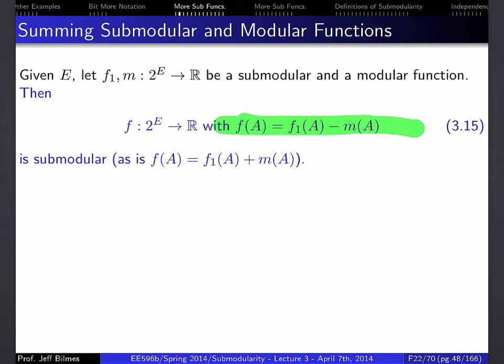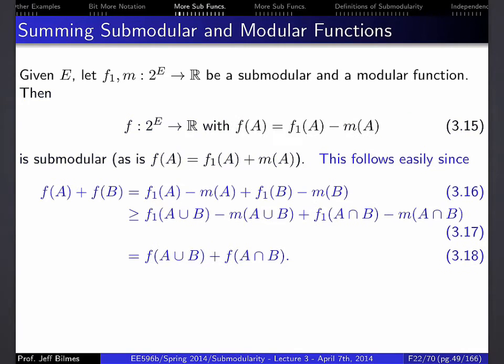And this is submodular, and the reason why, again, is because this part of the function, minus m of a minus m of b, is equal to minus m of a union b minus m of a intersect b. So the stuff in the intersection is counted twice on both sides of the equality, and then the rest of it follows from submodularity.